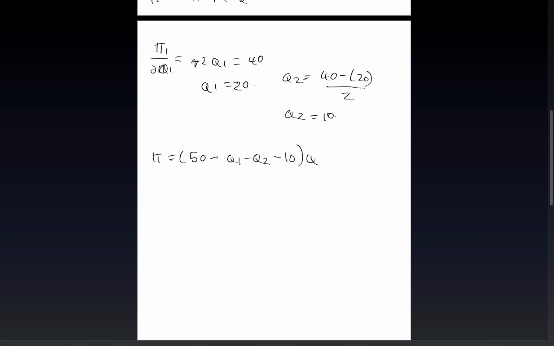So profit for Q1 equals 50 minus 20 minus 10 minus 10, times 20. And the profit for Q2 is the same, 50 minus 20 minus 10 minus 10, but this time we're timesing by Q2, which is 10. So our profit for firm 1 is 10 times 20, which is 200. And our profit for firm 2 is 10 times 10, which equals 100.